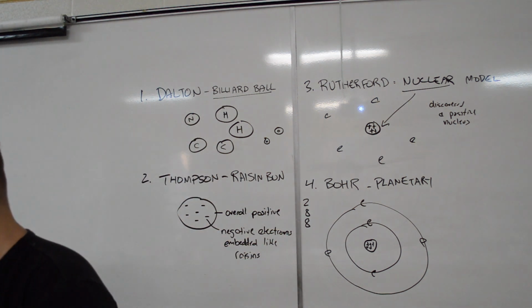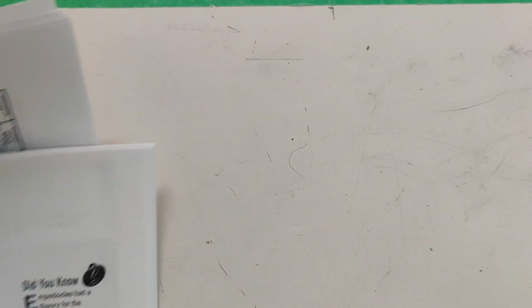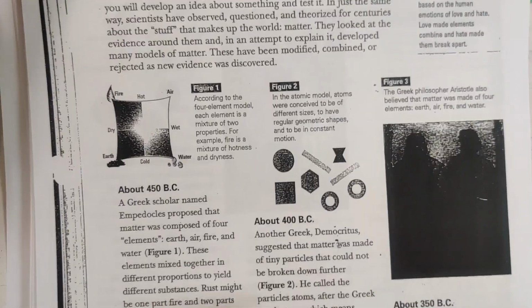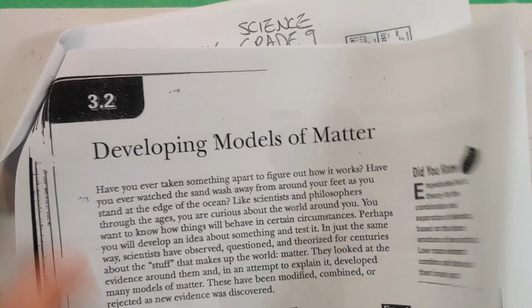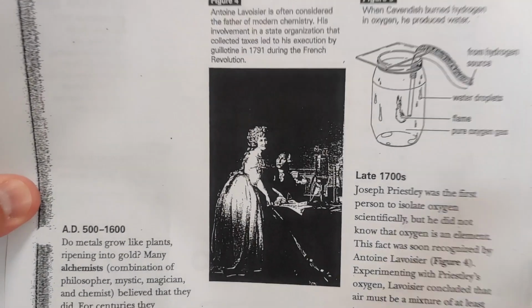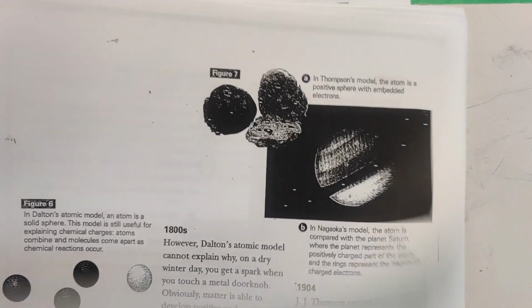So this brings you to your basic assignment. And what you need to do is you need to read 3.2 in your package. And right, it talks about the Greeks and Aristotle. It kind of gives you a nice review. It talks about alchemists and things like that. And then you're going to get to this page right here.